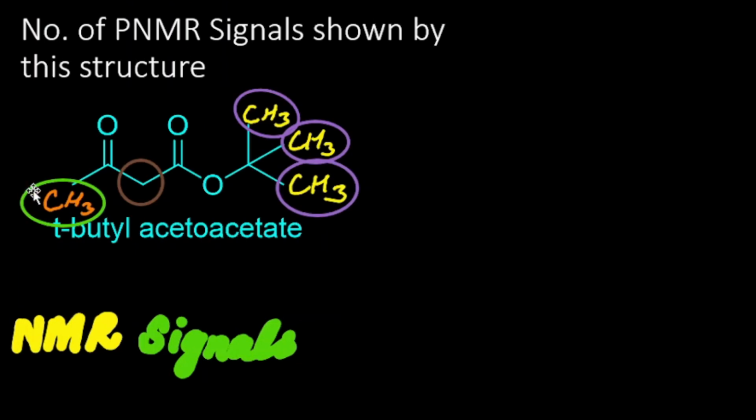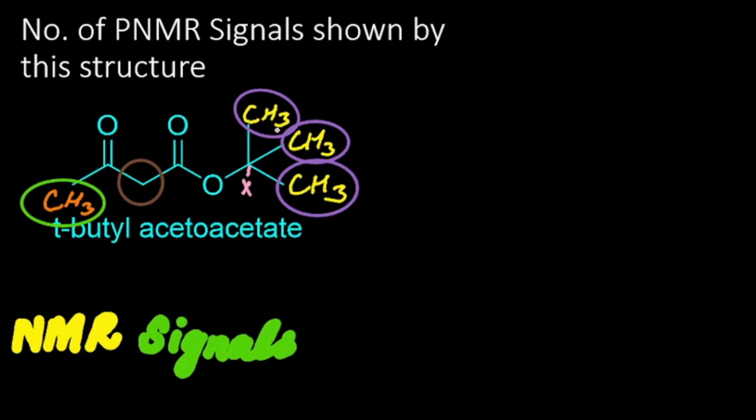Okay, now this is our structure. If you see here, these three methyl groups, 9 hydrogens in total, and here no hydrogen is present. These 3 methyl groups are attached to the carbon that is attached to this functional group. Will they have the same chemical environment?